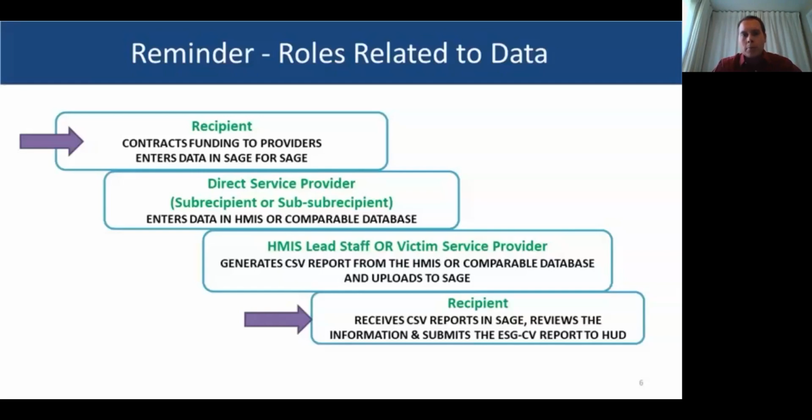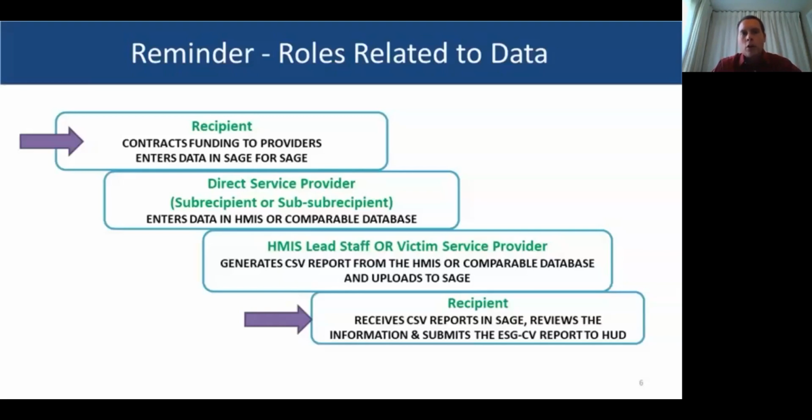We're using this term bundles a few different ways. So this is, to me, the most important part when you hear bundles. In Sage, the recipient will say X, Y, and Z project is associated with bundle number 1, the emergency shelter bundle, right?